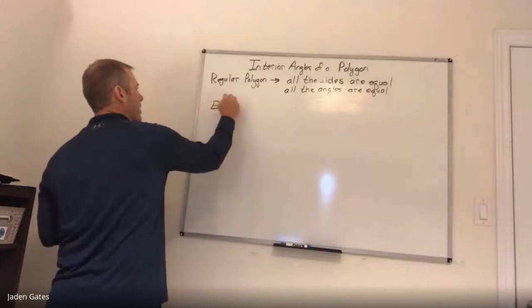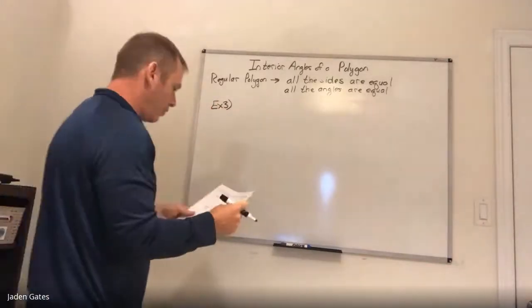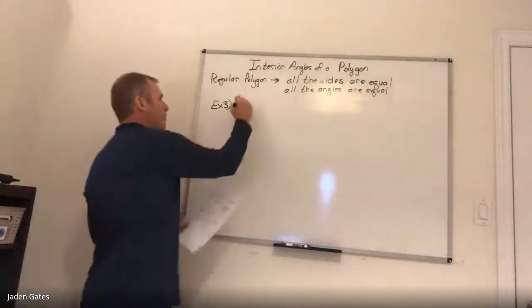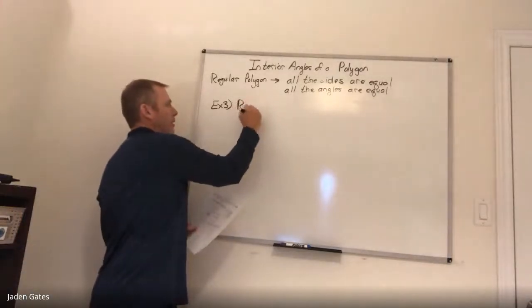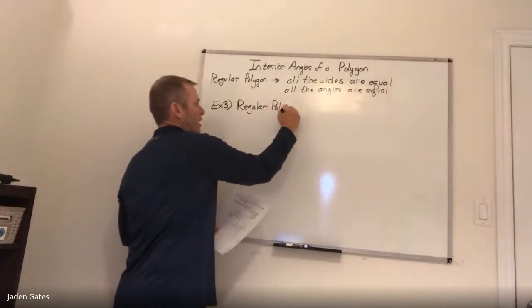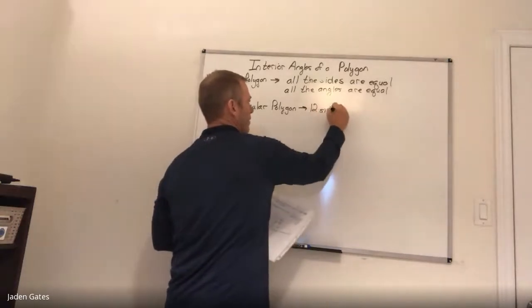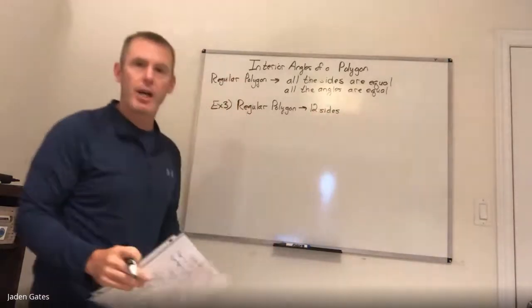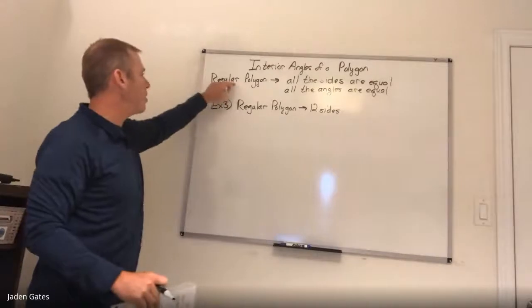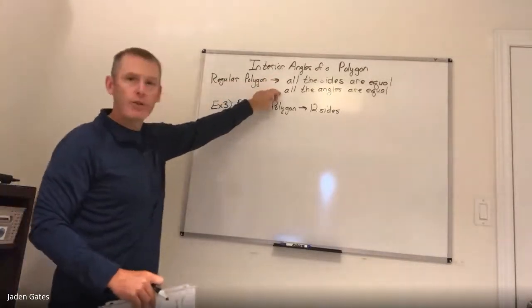So example 3, determine one interior angle of a regular polygon with 12 sides. So we have a 12-sided shape, but again, it's a regular polygon, which means all the sides are equal and all the angles are equal.